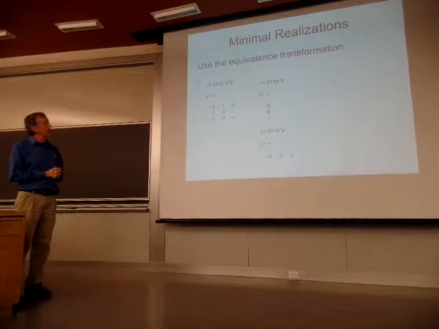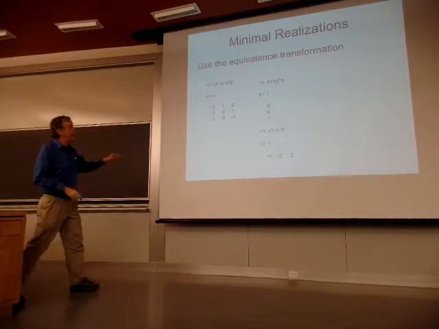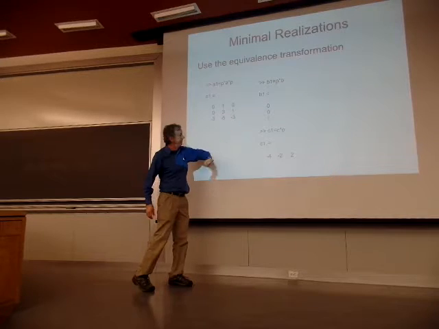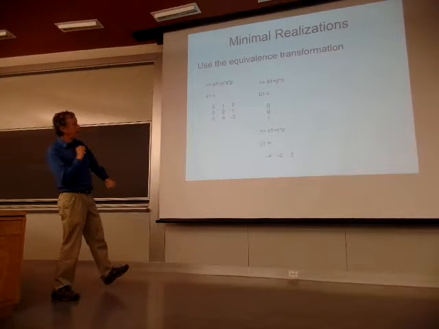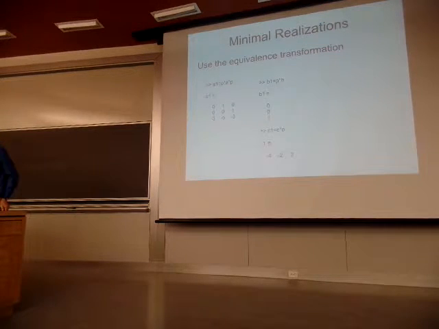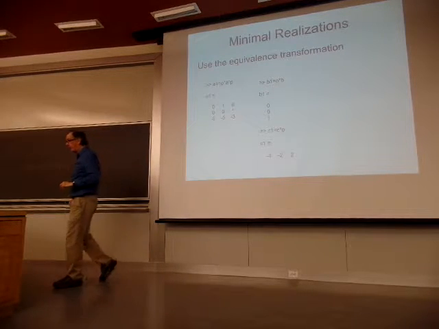What's the equivalence transformation on this? So again, here's the system in controllable form. And my P matrix, which I forgot, is the diagonal or off diagonal of all ones.